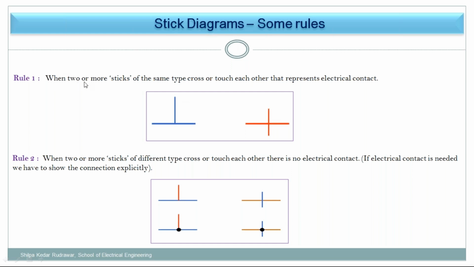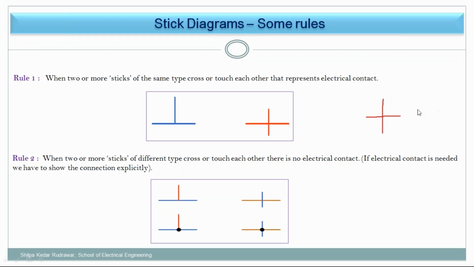When two or more sticks of the same type cross or touch each other, there is an electrical contact. Meaning, if I take one color for one particular type and draw it like this, these are internally connected.